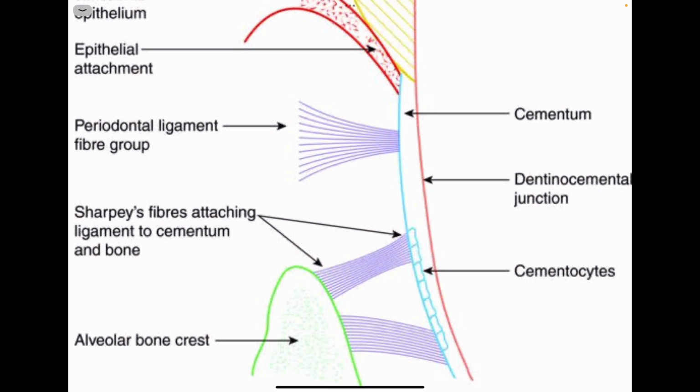So these Sharpey's fibers will allow only a slight movement of the tooth within the socket, so they can adapt to the functional stresses. And also during the orthodontic treatment, they will adapt by remodeling, and therefore they will enable the tooth movement, at the same time they will prevent loss of attachment. So this is a very beautiful diagram, you can definitely draw this in your paper for some extra marks.